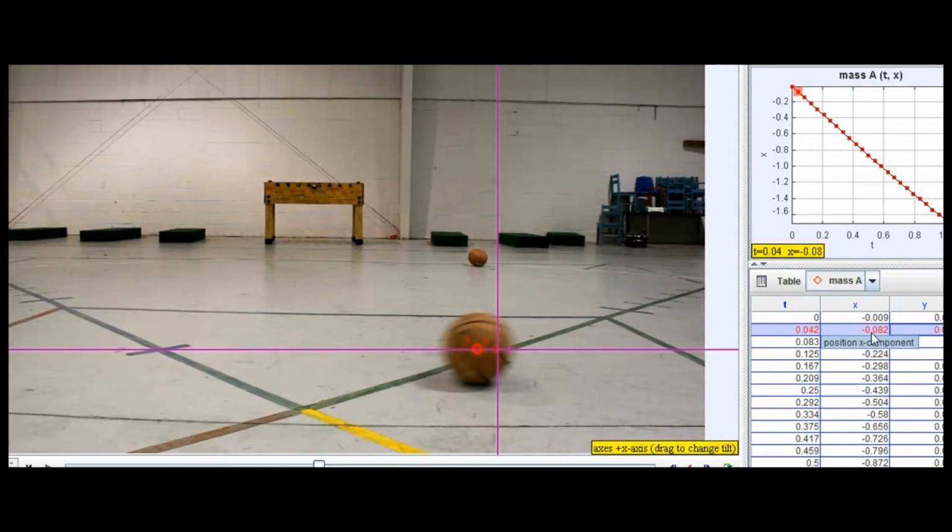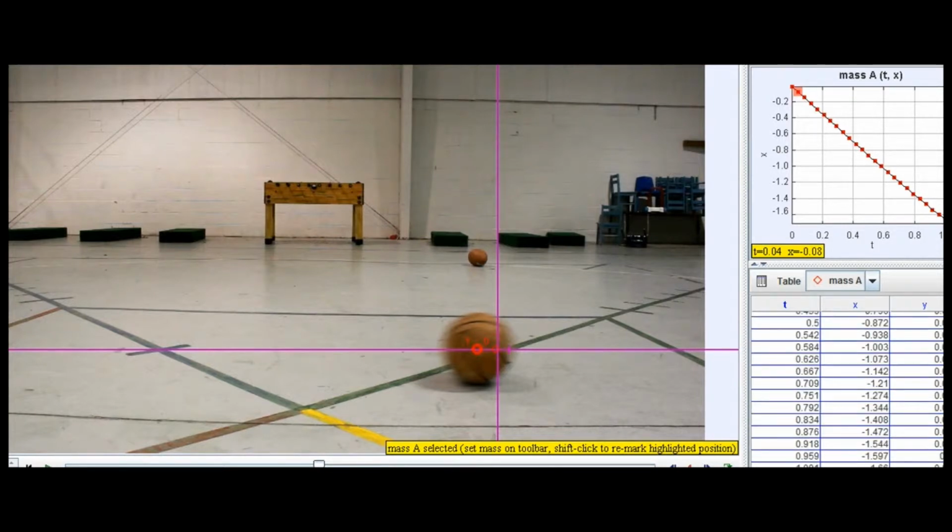To find our initial velocity, we take the second position, or final position, minus the initial position and divide it by delta t, which in this case is negative 1.74. And you will see this data later in the end graph.